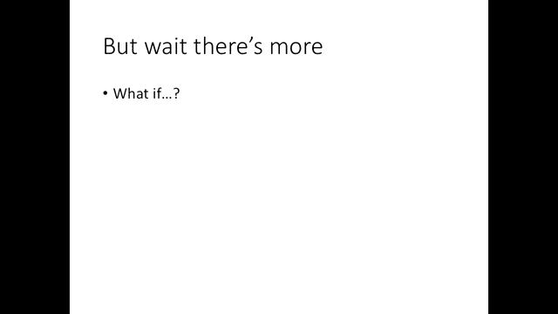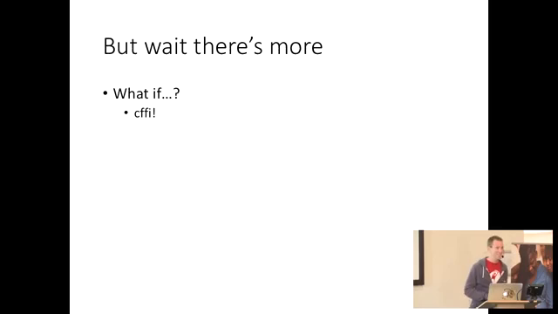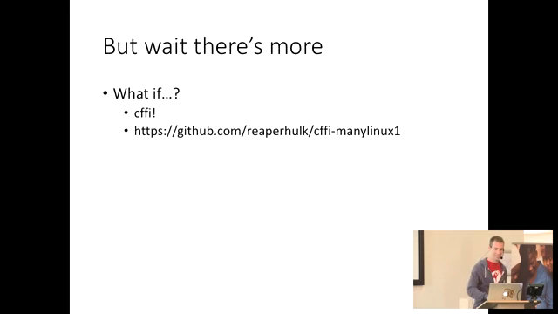So what if we discarded all caution? Let's do CFFI. I happen to have access to upload wheels there, and I filed an issue on the repo and convinced Armin to go ahead and let me try. And I made a repo that contains the scripts that work with the Mini Linux 1 Docker images.